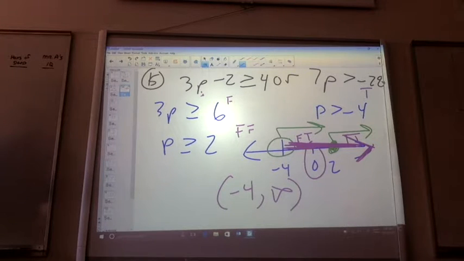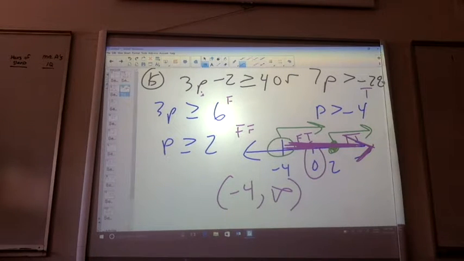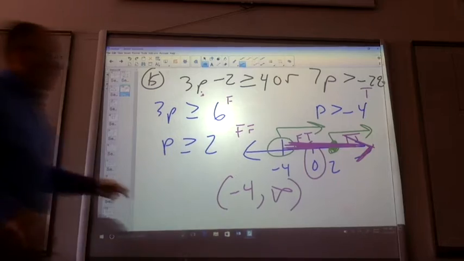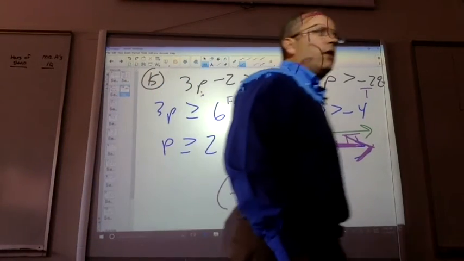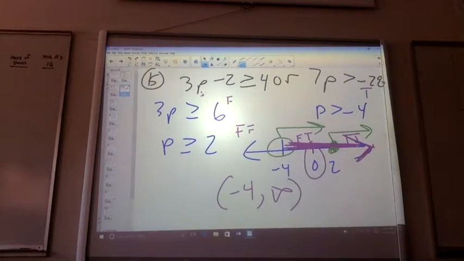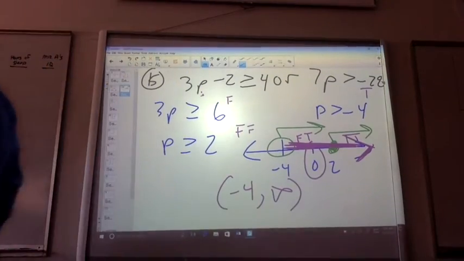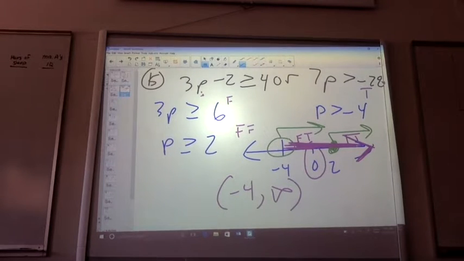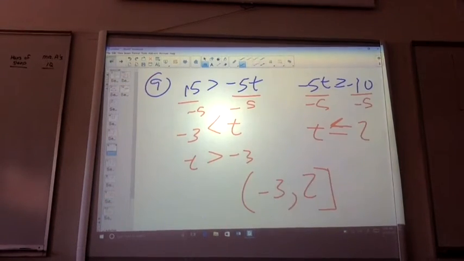What's the difference between this type of problem right now versus if this was an and problem? And is usually written just like that, but what does and usually have? 2 of. Let's go back to an and problem and just take a look at it.